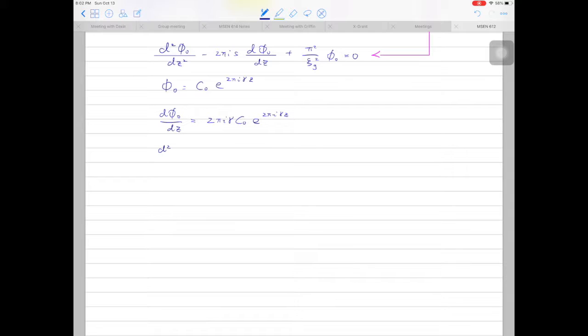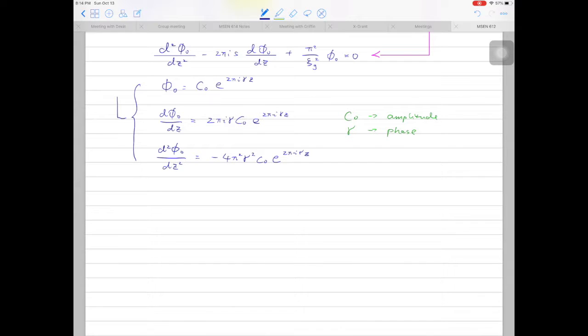Then d squared phi naught over dz squared, the second order, is equal to minus 4 pi squared gamma squared c naught e to the power of 2 pi i gamma z. In these equations, c naught is the amplitude, gamma is the phase.